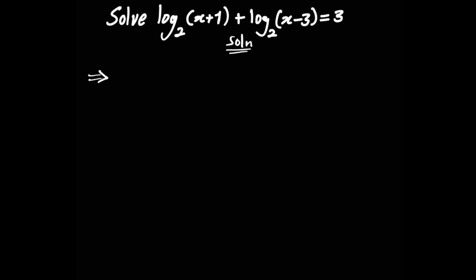Our first step is going to be a property called the logarithmic addition property, or you can say the addition property of logarithms. The property says when you have log of a particular base, let me say base A, of B, then plus another log of base A of C, because the bases should be the same, as in our case in the question we have base 2 and then base 2.